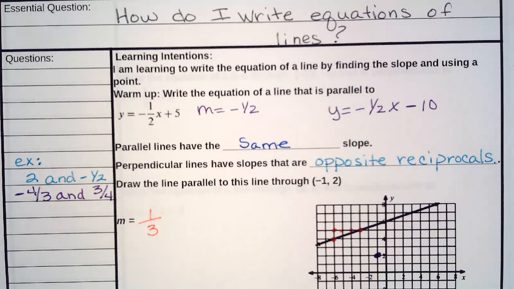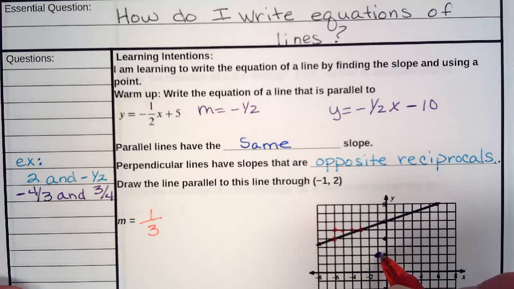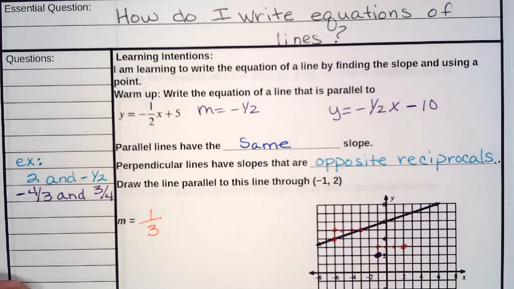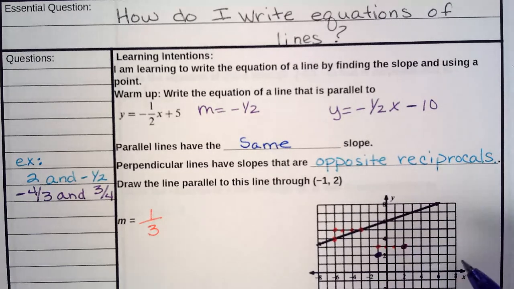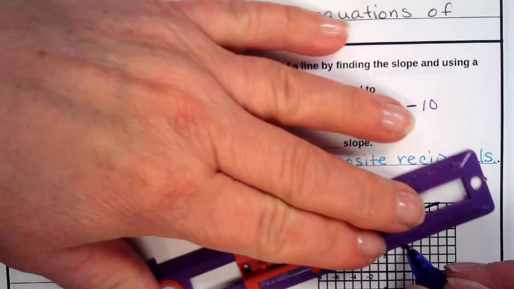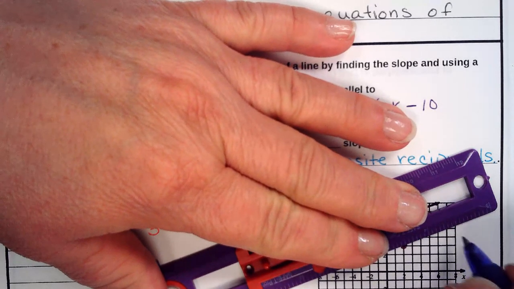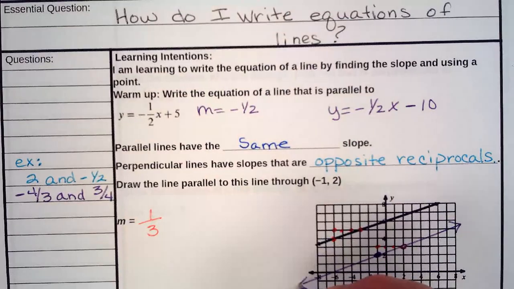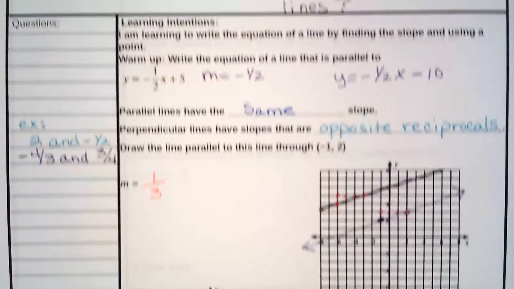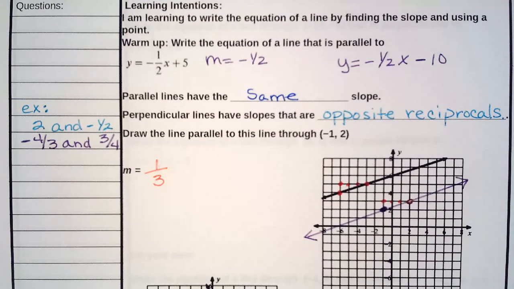I have to do the same thing here. I go up 1 and I go right 1, 2, 3. There is my second point. I can now graph. Find your slope, use that slope to find the next point, and draw your line.